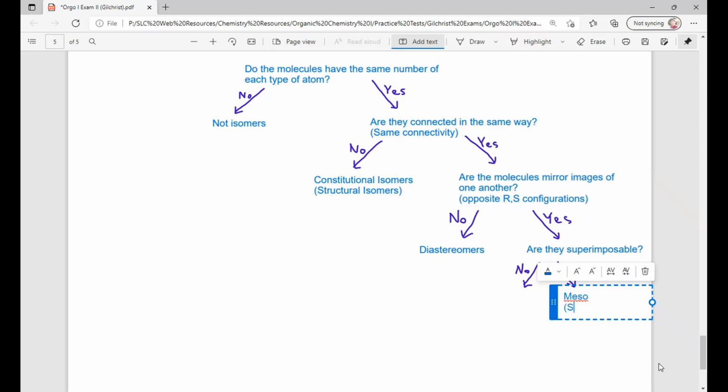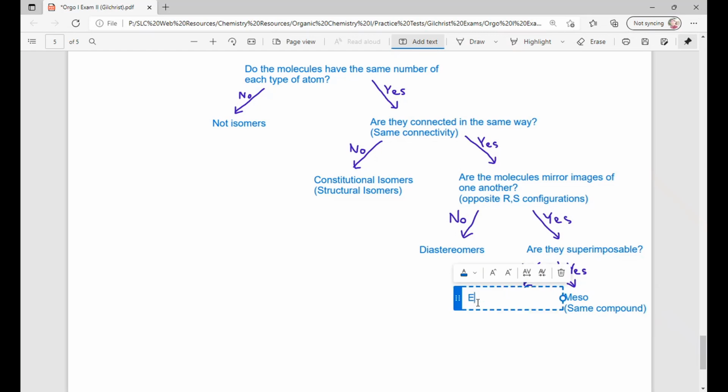Or in other words, they're the same compound. The two are actually the same compound. If the answer is no, then they're enantiomers. Does that help?